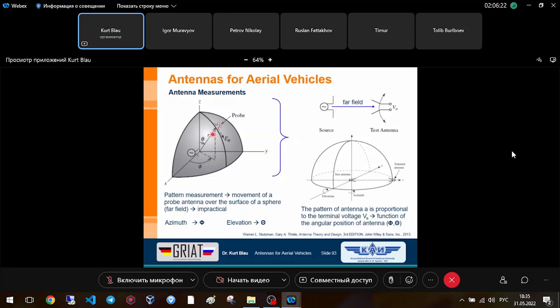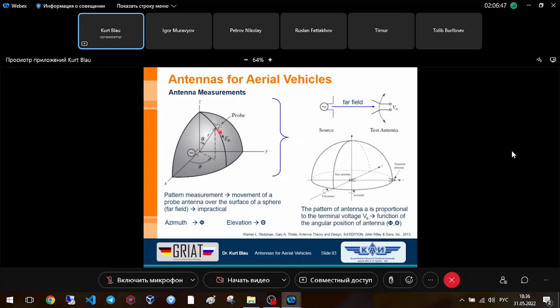Then the distance R is constant, it's clear. And now what we are doing is we're moving our antenna under test here in all directions. Then we can, from this measurement point, look to our antenna, and we can measure every point of our antenna under test here at this point.